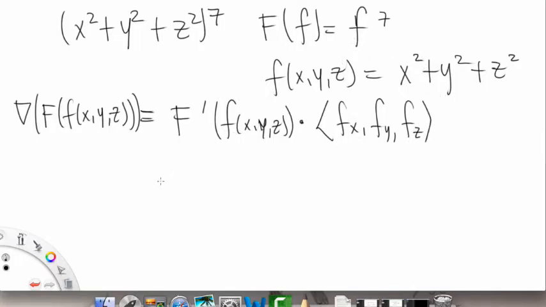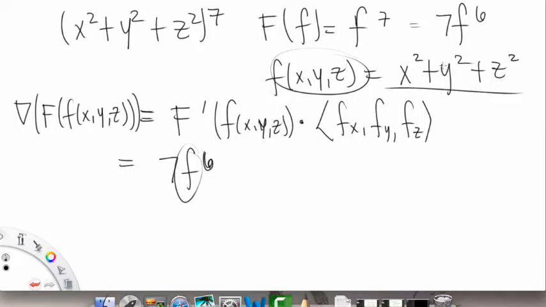So let's compute this. F prime is basically 7, you bring down the 7, this is the power rule, so 7f to the 6th, and this f is basically this thing. We'll replace the x, y's, and z's in toward the end.